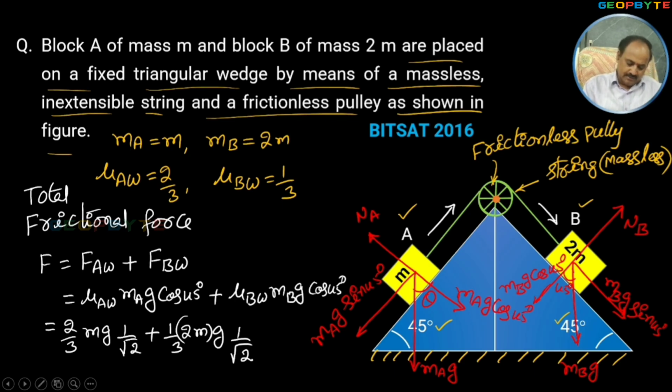Total frictional force equals 2 by 3 M g into 1 by root 2 plus 1 by 3 into 2M, the mass of B, into g into 1 by root 2.